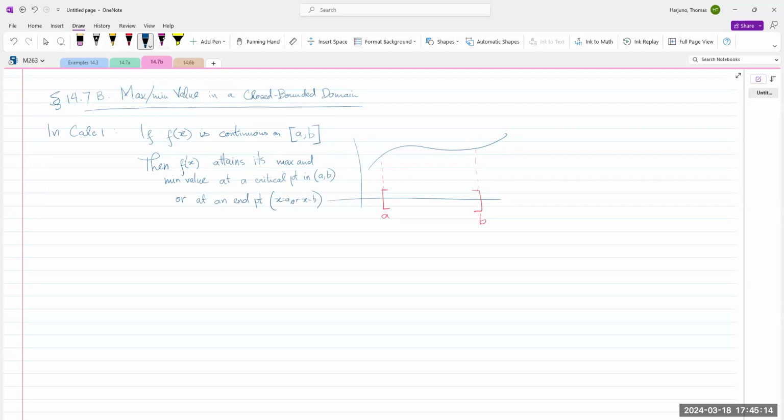Okay, so take a look at this graph here. In this interval a to b, the curve looks like this, right? You can see that the absolute minimum is at x equals a, and the absolute maximum is somewhere in between where the first derivative equals 0.